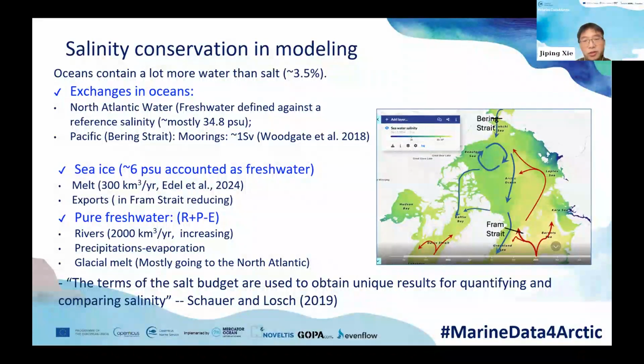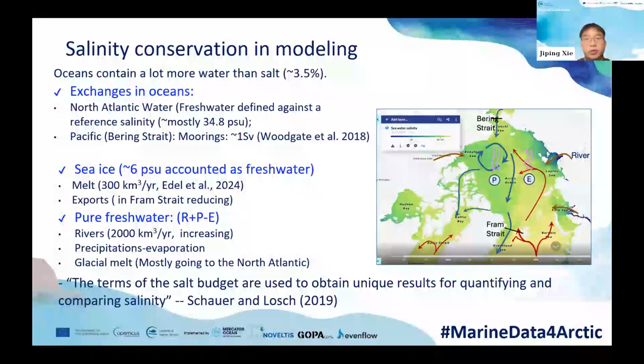Other fresh water comes from the rivers and precipitation. So it is a balance between pure fresh water, sea ice melting water, and the exchanges of water mass in the ocean.